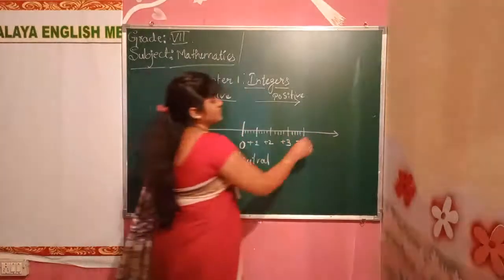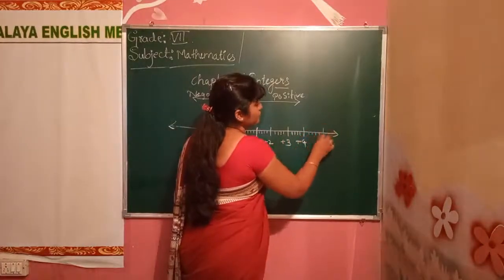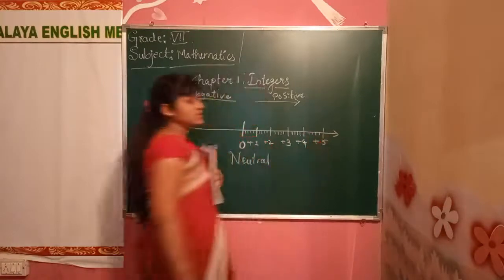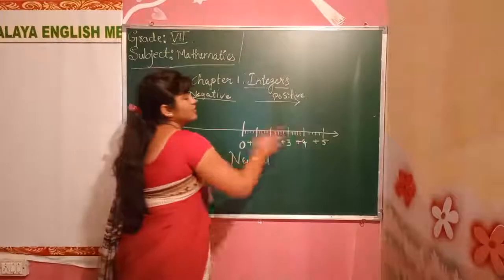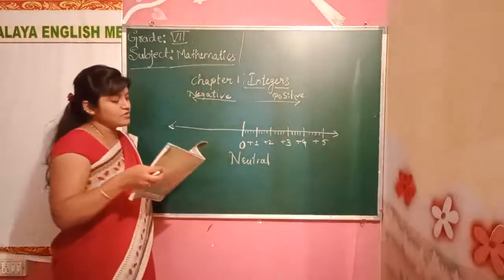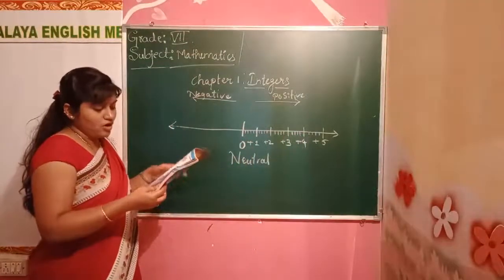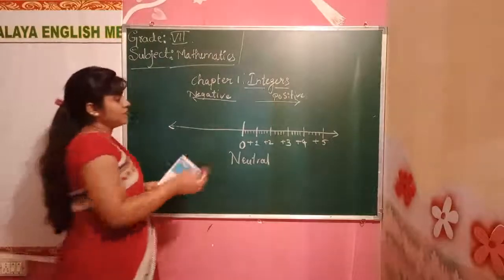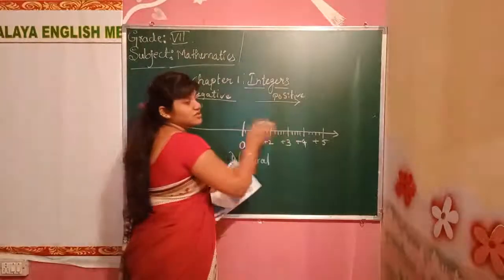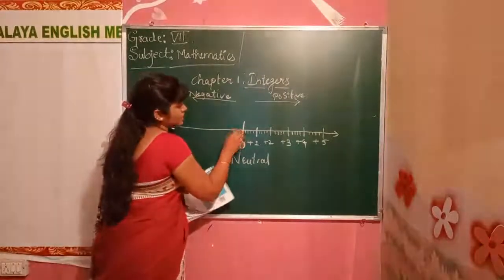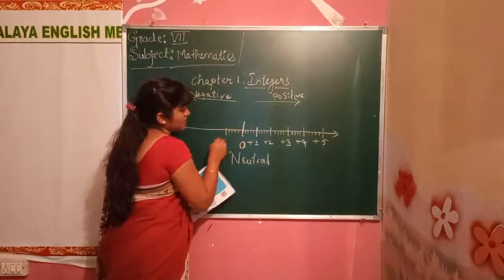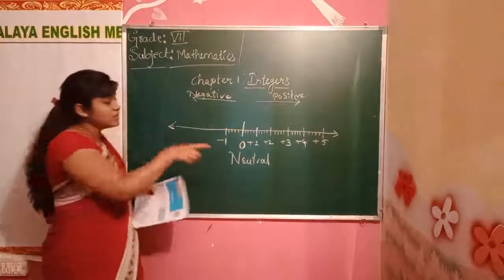Same like that, we have to continue. These are all the positive numbers, written with a 5 unit distance. Here also the same case, 5 unit distance, but the numbers will be negative on this side.